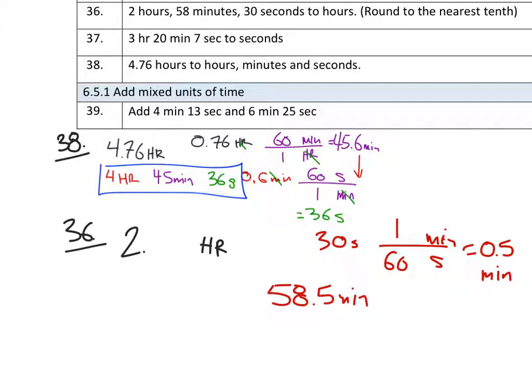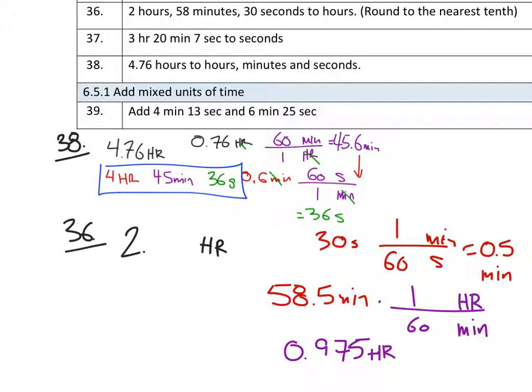Now let's change this to hours. Just using dimensional analysis, we'll multiply this by hours over minutes. 1 hour for 60 minutes, particularly. So 58.5 divided by 60, and I got 0.975 hours.